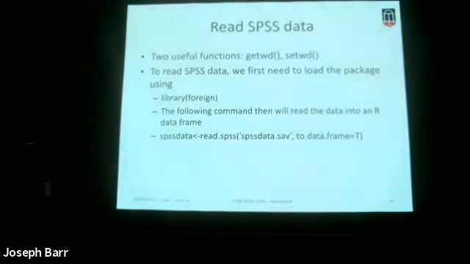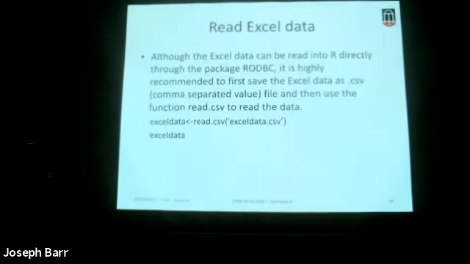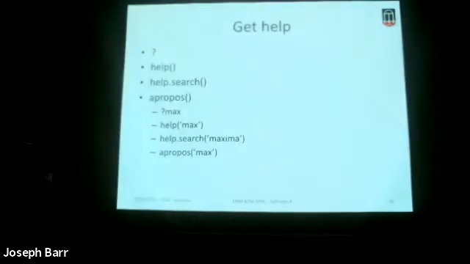Or you can use the Session menu and choose your own working directory. So these two are important. Read Excel data, we have also already covered this part. And if you want some help, use a question mark for help and the parentheses.